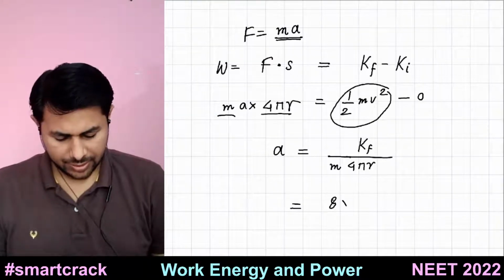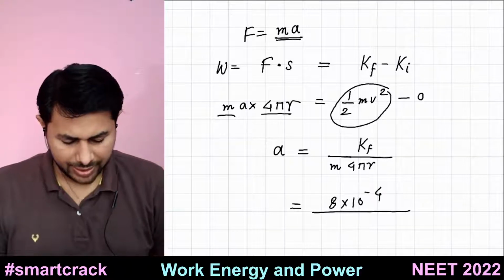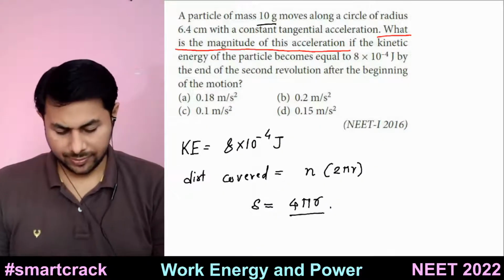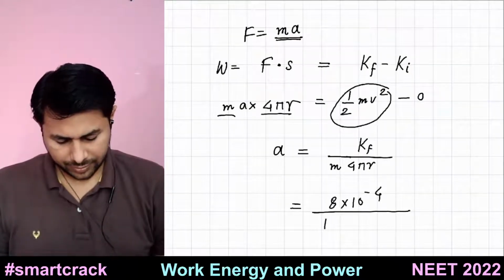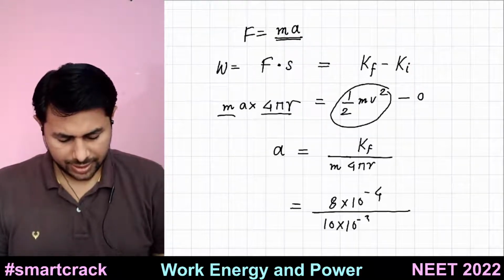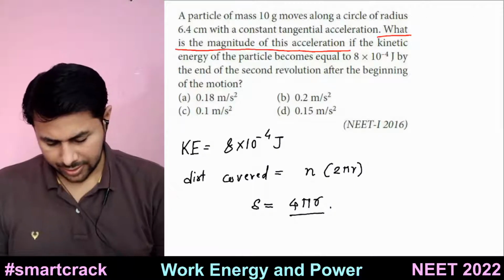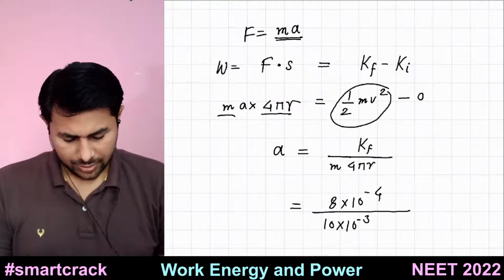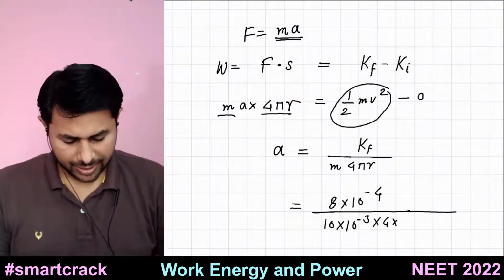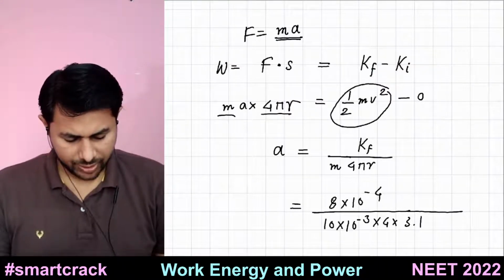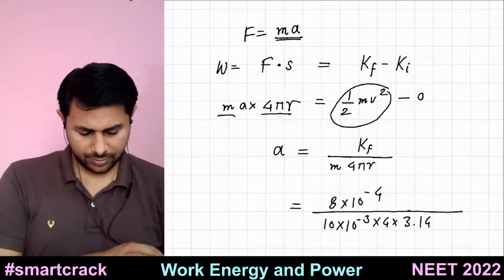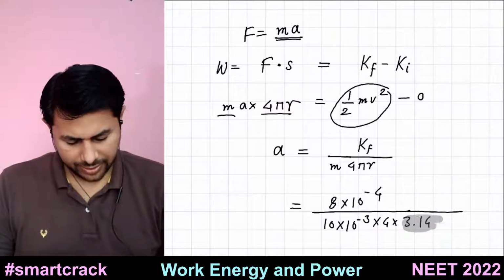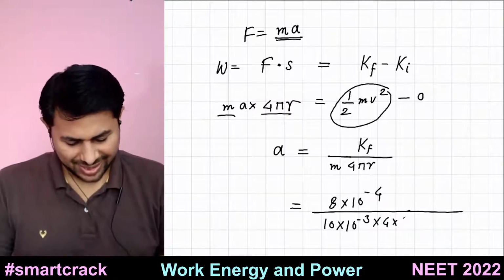So 8 into 10 raised to minus 4 joules divided by, how much is mass? Mass is 10 grams. Okay, so 10 into 10 raised to minus 3, and radius is 6.4 centimeters. Okay, so into 4 multiplied by pi, which is 3.14, or let's keep pi equals to 22 by 7. This seems to be a lengthy calculation.